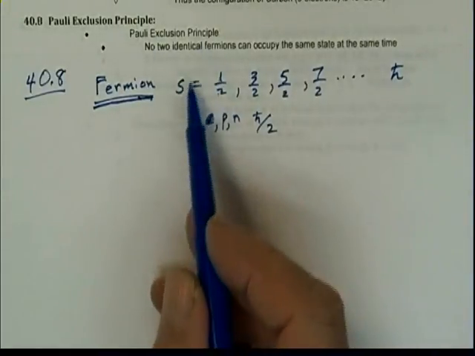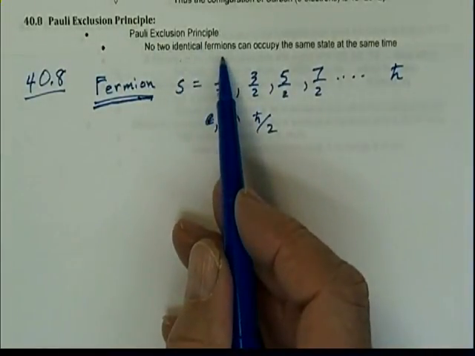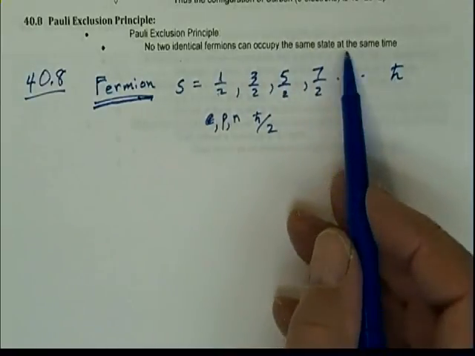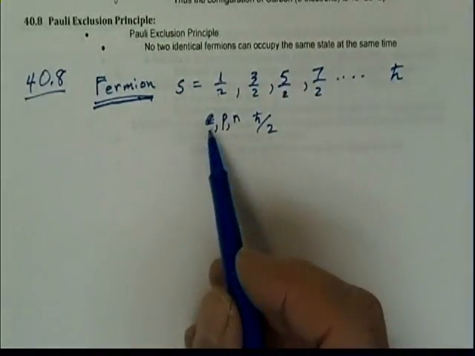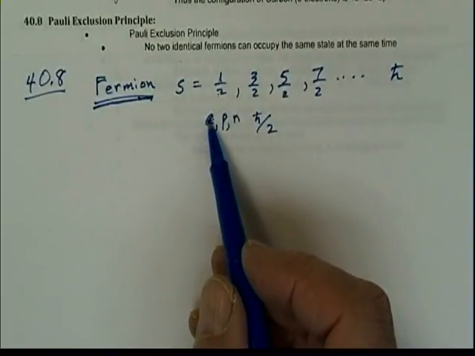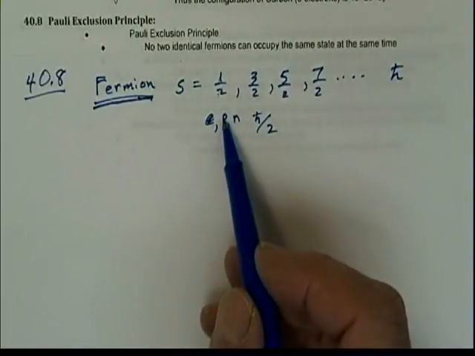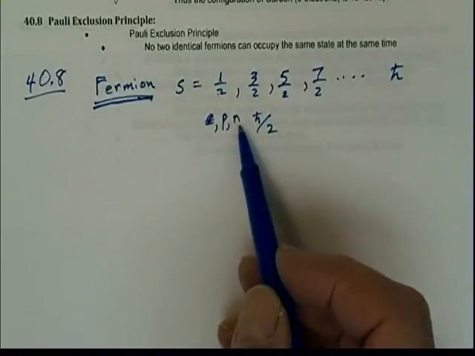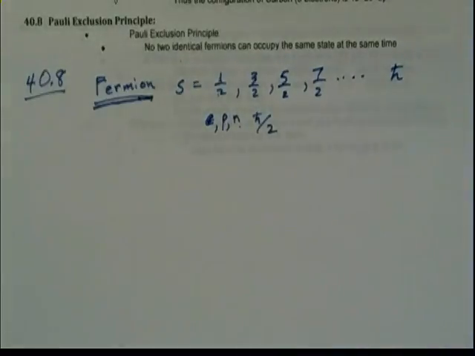The Pauli exclusion principle said no two identical fermions can occupy the same state at the same time. For example, no two electrons could be in the same state, no two protons can be in the same state, no two neutrons can be in the same state.